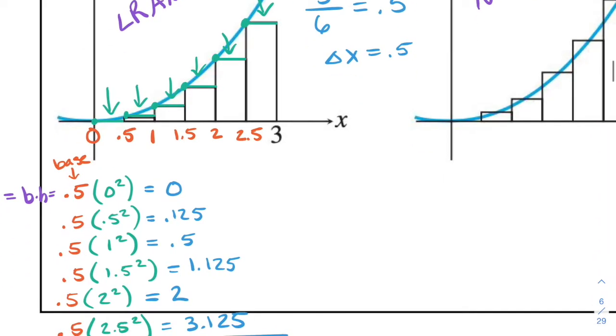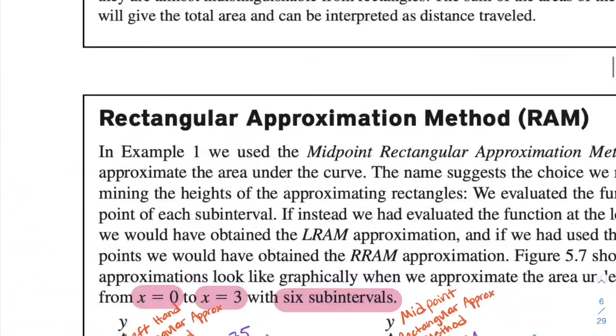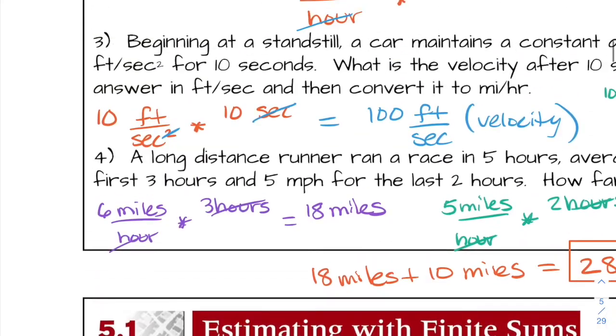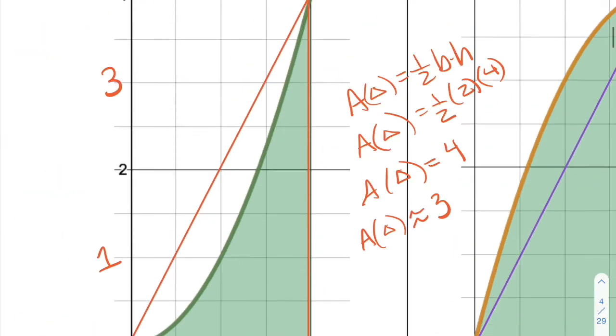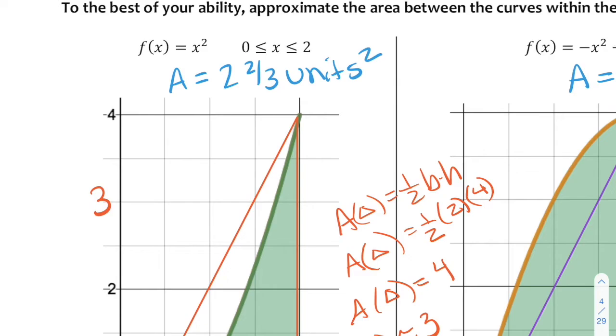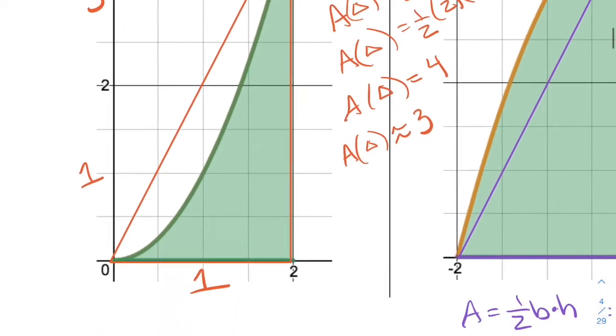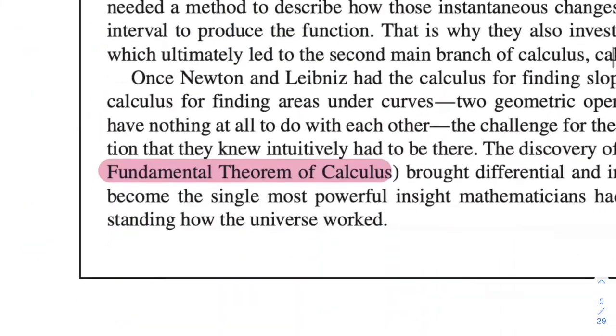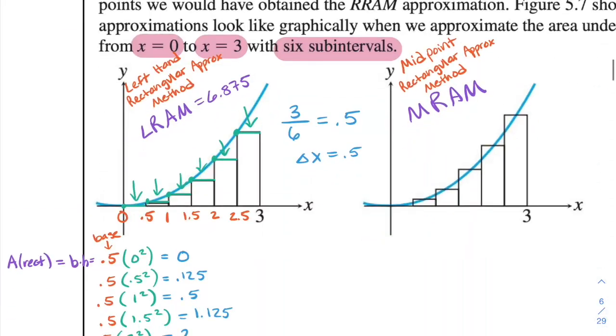So yeah, it's going to be more than 6.875. Oh, we can't go with that number, because our new interval here goes to 3. So that wouldn't work out for us.